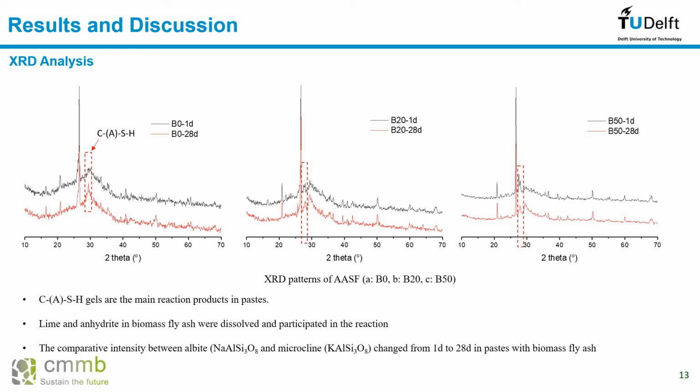And also the albite and microcline, especially for the group B50, you can see from 1 day to 28 days, the relative intensity between these two minerals changed a little bit, which means that these two minerals also dissolved to some extent and participated in the reaction.